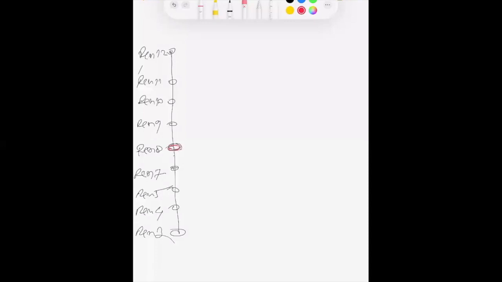This is the navel region. Now, REN 12 is the head region. REN 11 is the cervical one. REN 10 is cervical 7 and thoracic 1.